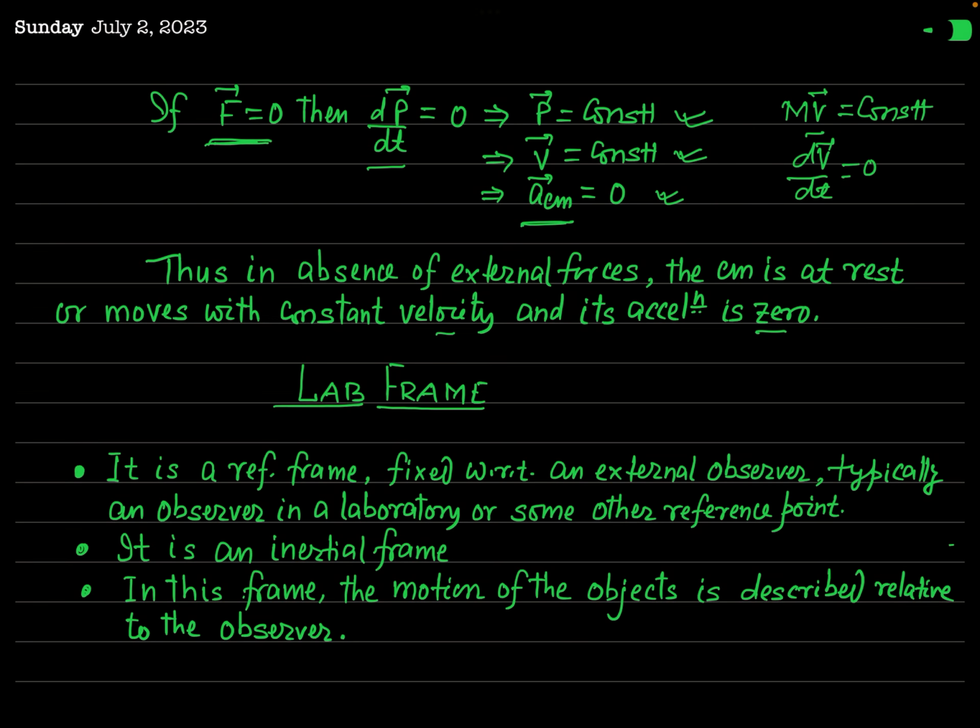When there is an observer standing, let us say, particularly in your laboratory, and the observer says that there is a reference frame attached to the laboratory, and the observer is already standing in that very laboratory, then such a frame is called laboratory frame. So with respect to that fixed observer, the laboratory frame is at rest. So it is an inertial frame.